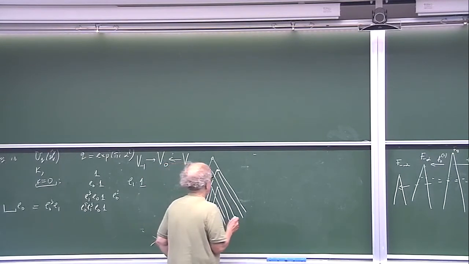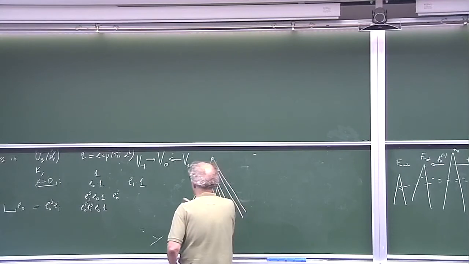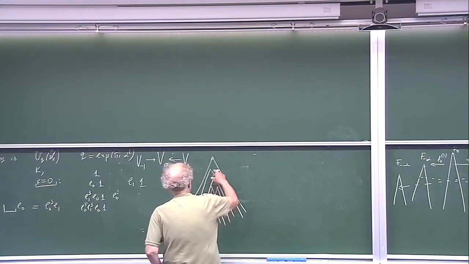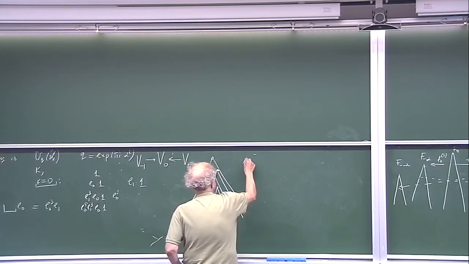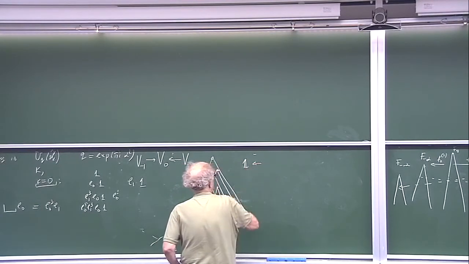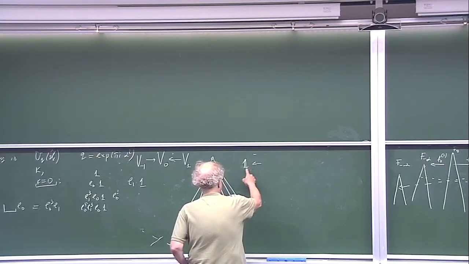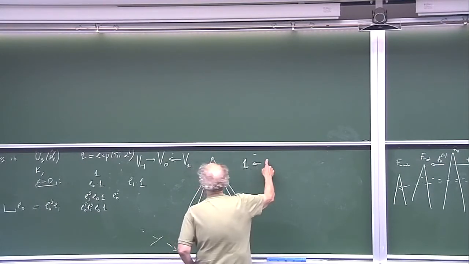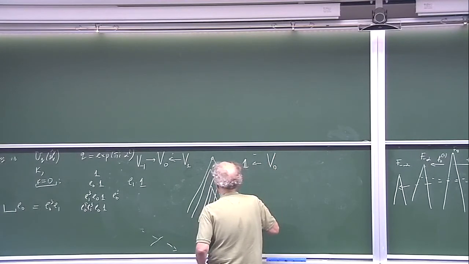So how is it going? This is the trivial representation. Then we have a map from the Fermat with highest weight 0 to this.